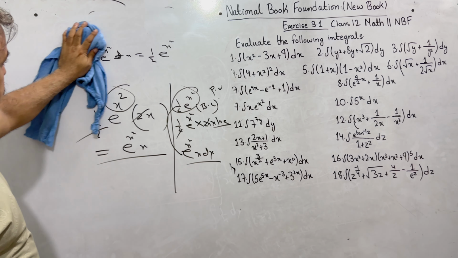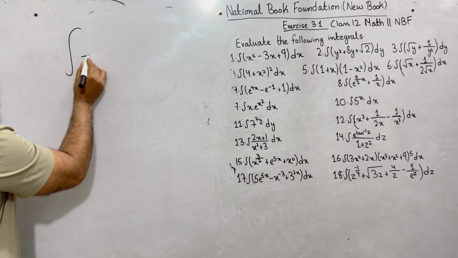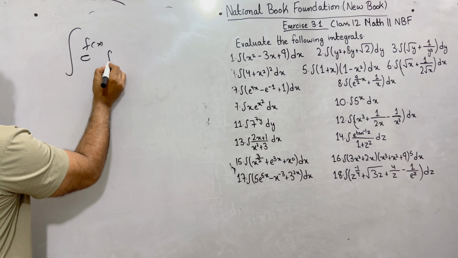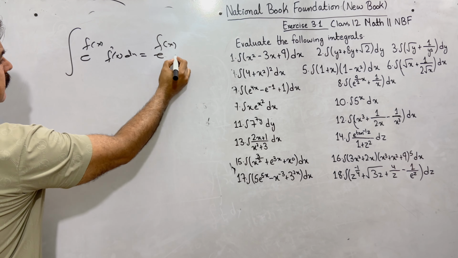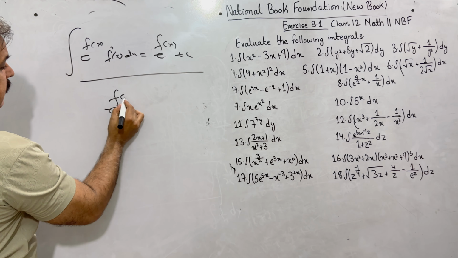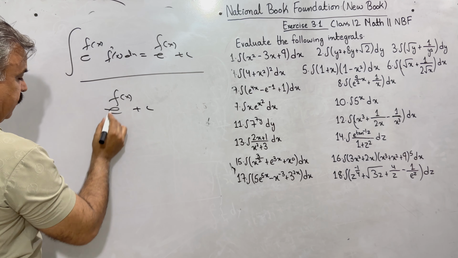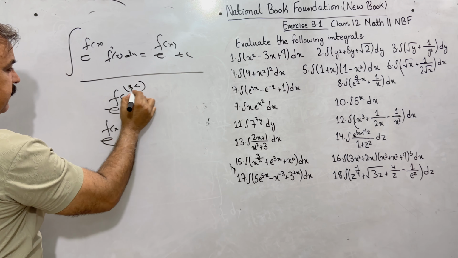To prove the formula is really very easy as well. I have written that e raised function and its derivative, the integration is only e raised function plus some constant. Taking a constant and differentiating e raised f of x plus c, same, because it is base constant, power variable.